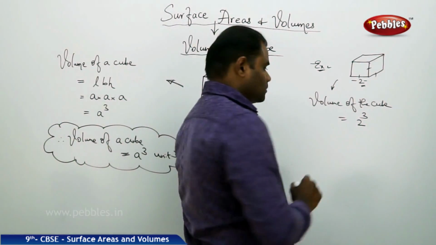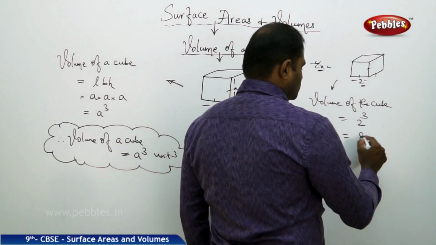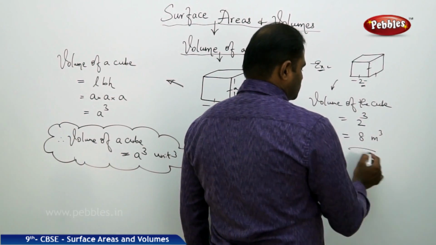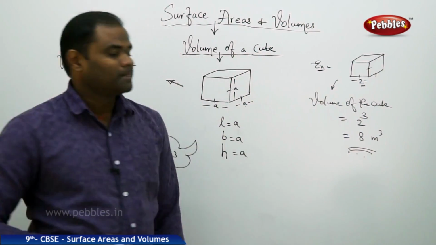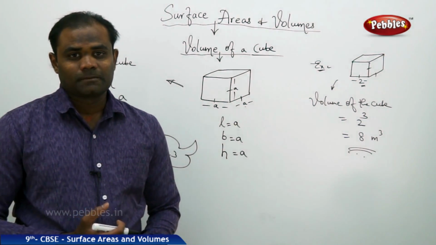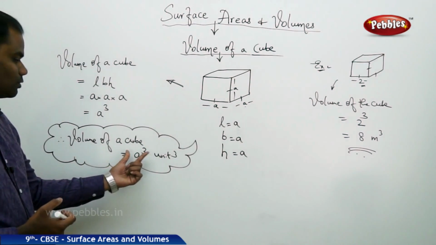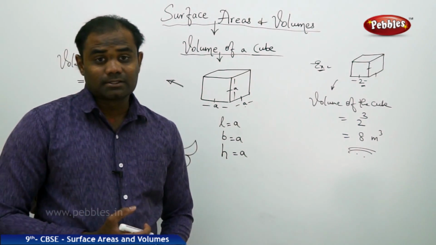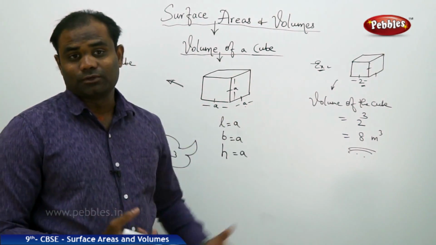I have this 2 cube, which is 2 times 2 times 2, and 8 meter cube. This is how we understand the volume of the cube given its dimension, by the formula a cube unit cube, where a is the side of the cube.